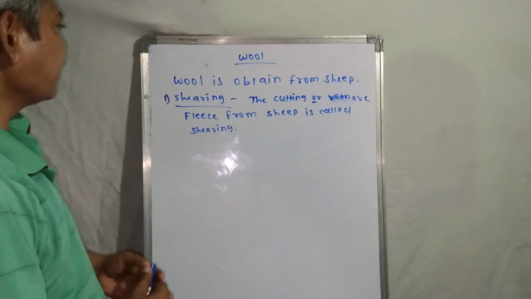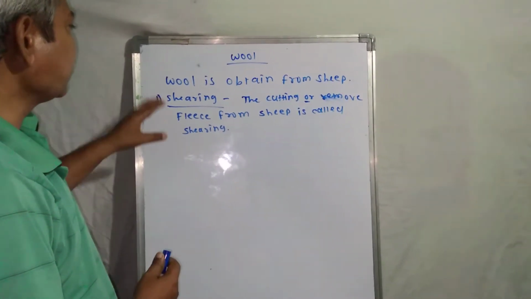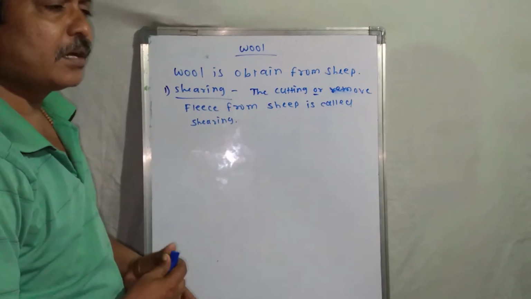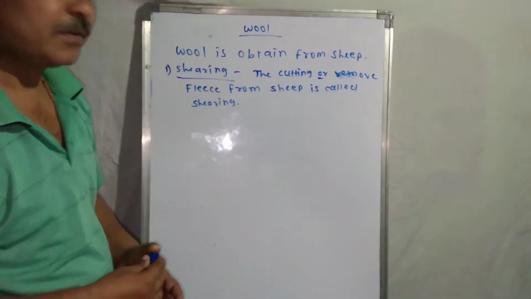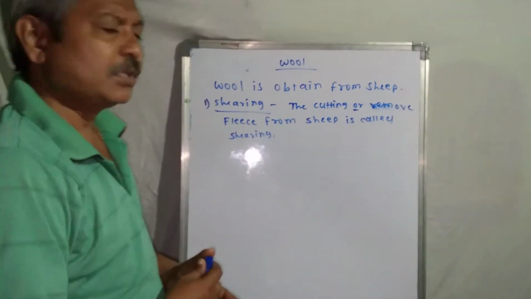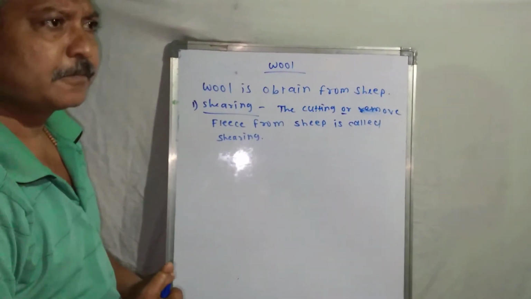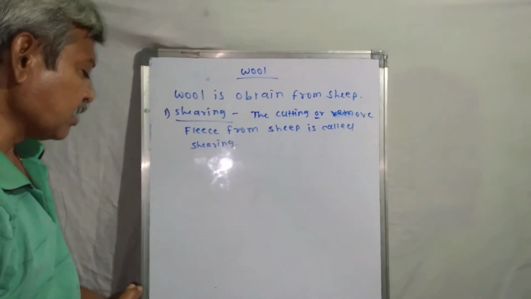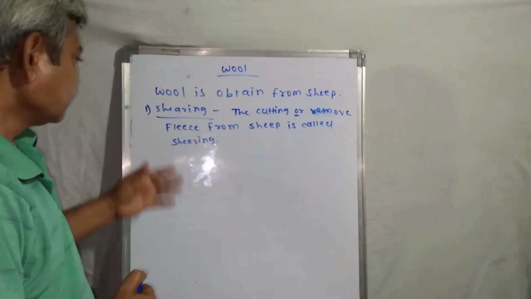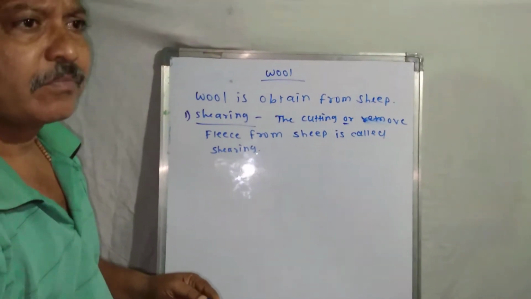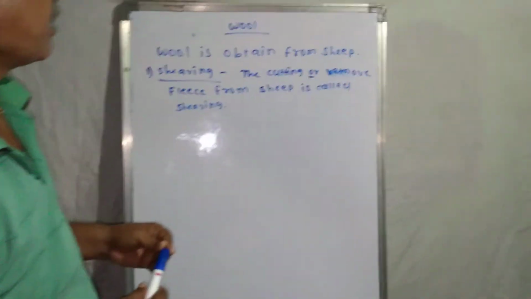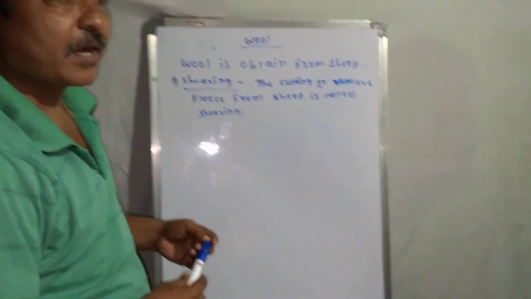Then this wool is cleaned and washed and used for the wool fiber. We make the woolen cloths. Woolen cloth is also obtained from the yak. Fiber is obtained from the yak.